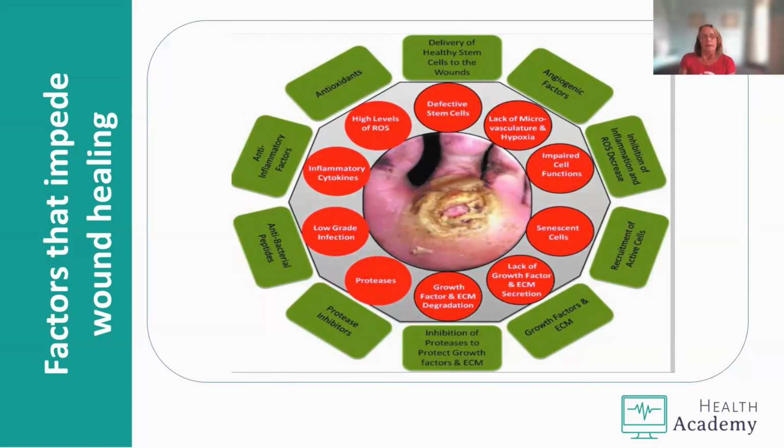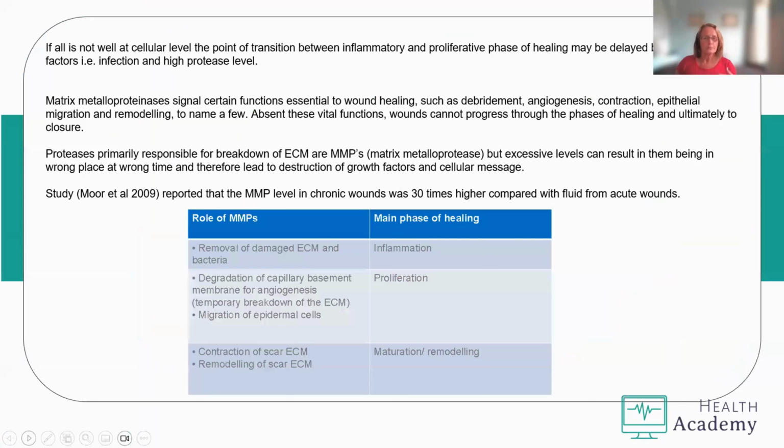So there isn't one clear answer to why wounds deteriorate. What we do have to think about is, okay, what are we seeing and what can we do about that? In the green around the outside, there are also factors that help suggest what we would need to do. But we'll go into those in more detail as we go through the session.